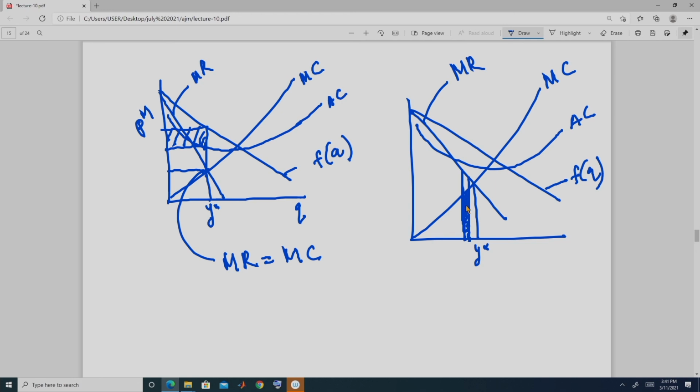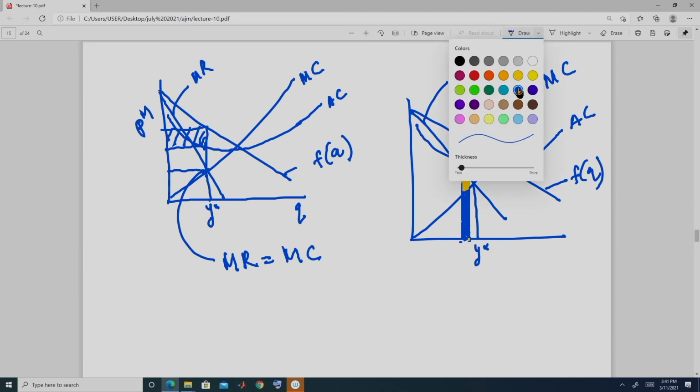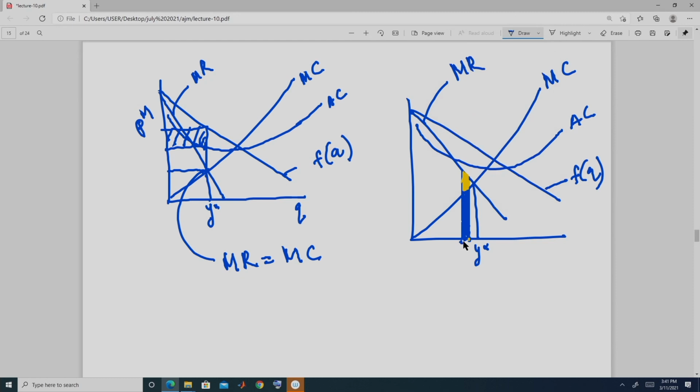So, additional cost is only this much. Additional revenue is this total region below the marginal revenue curve. So, this portion is the additional profit, the surplus that the monopolist is going to get by producing this instead of this. So, the monopolist should not produce this much. So, it should continue like this until this point Y star.